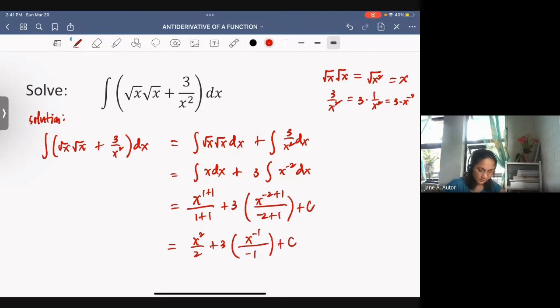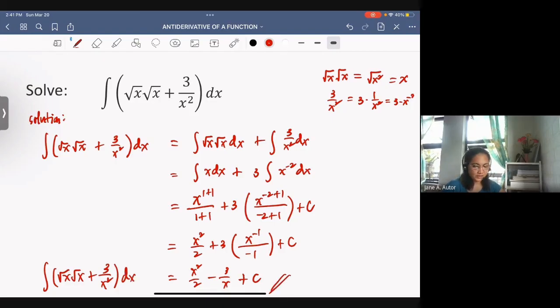Or we will get x squared over 2 minus 3 over x plus the arbitrary constant. This is the integral of the quantity square root of x plus 3 over x squared dx. I hope that everything is clear now.